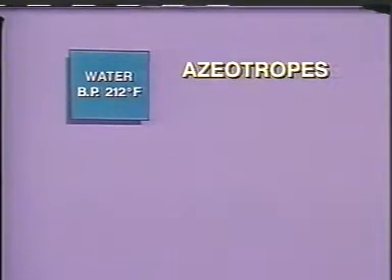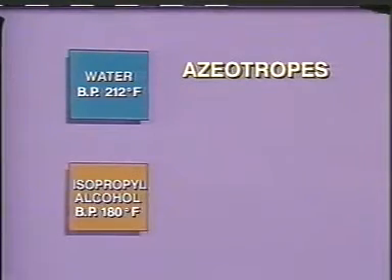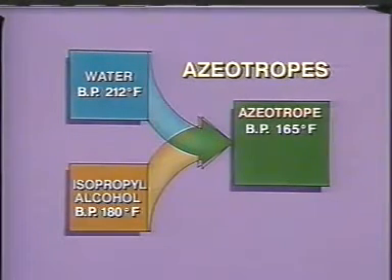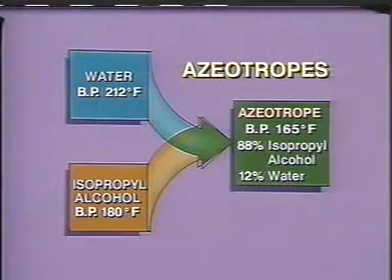Water, a byproduct in many petrochemical operations, and isopropyl alcohol form an azeotrope that boils at 165 degrees Fahrenheit. In this case, the boiling point of the azeotrope is lower than the individual boiling points of either of the two components. Note the composition of the azeotrope. It contains 88% alcohol and 12% water.